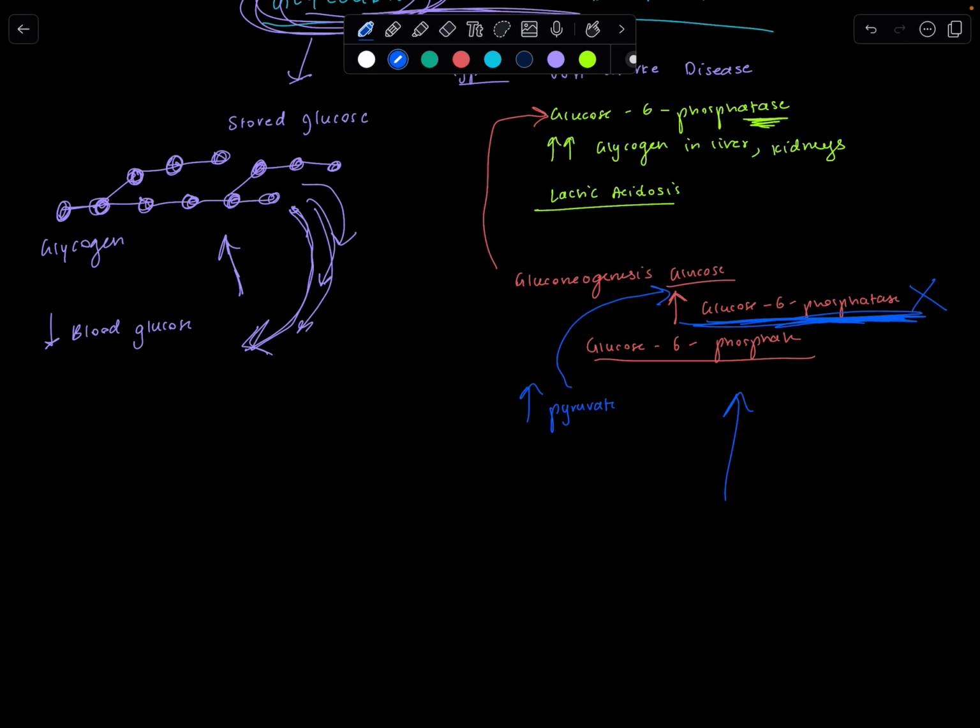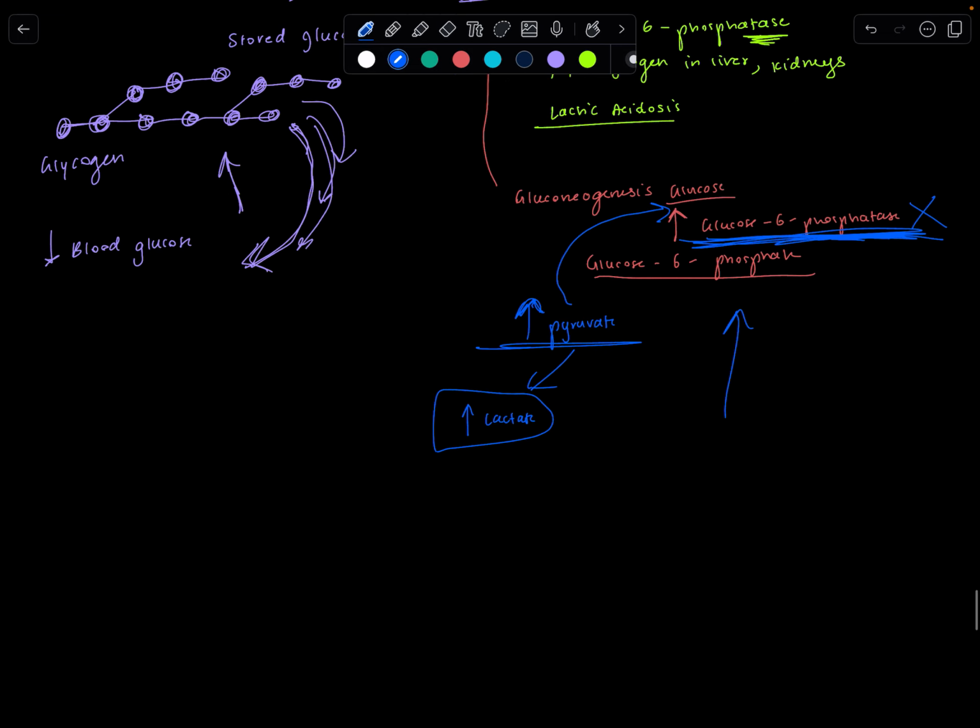If you're not able to complete gluconeogenesis, you're just going to have a buildup of the substrates that are starting off this process. So we're going to have a buildup of pyruvate, and that excess pyruvate is going to become lactic acid. And that's why we're seeing lactic acidosis.